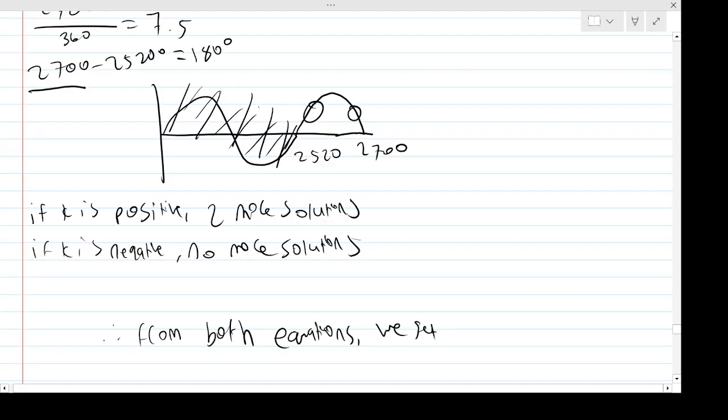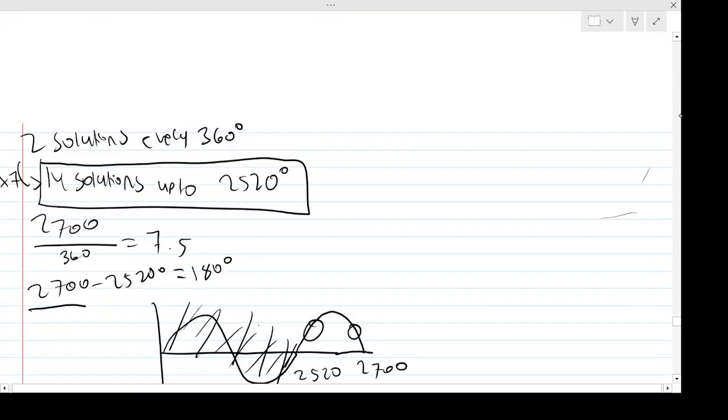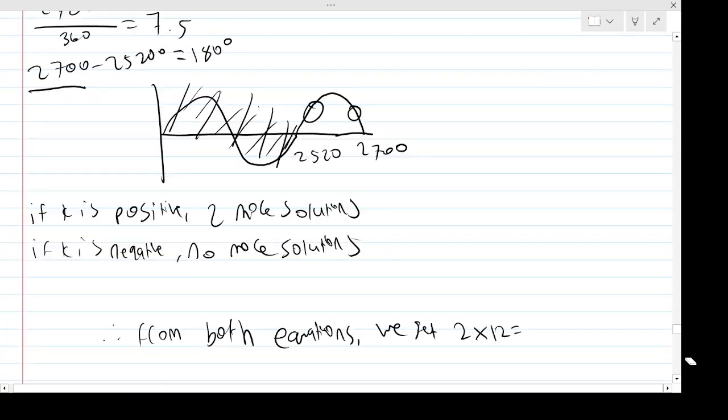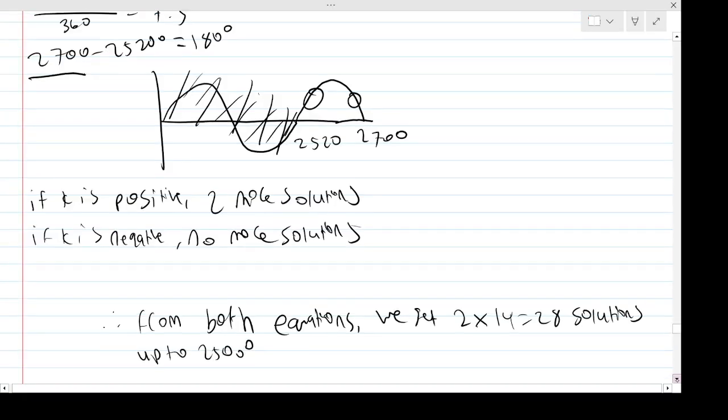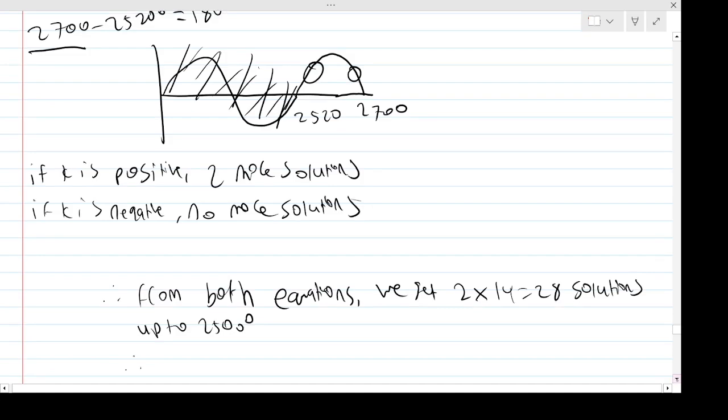we get 2 times 12, which is, no, sorry, it was 2 times 14, sorry. 2 times 14 equals 28 solutions. We get 2 times up to 2,520 degrees, right? So then obviously we got the extra 180, right?